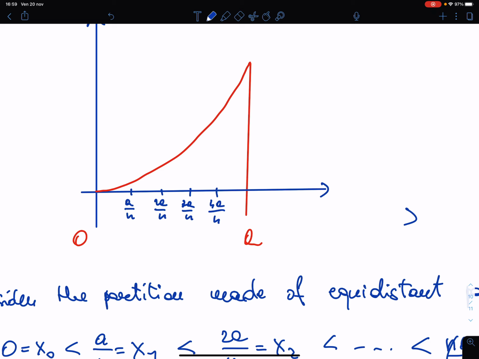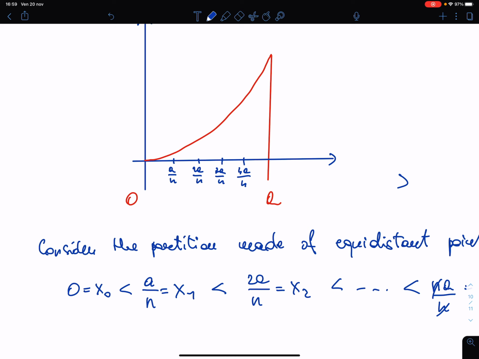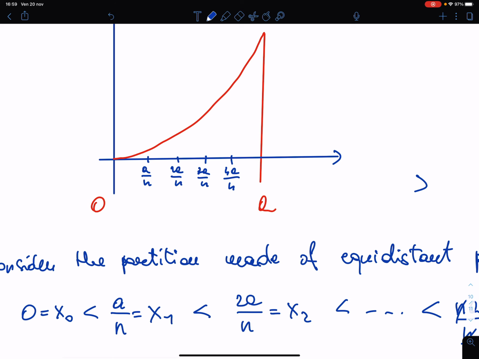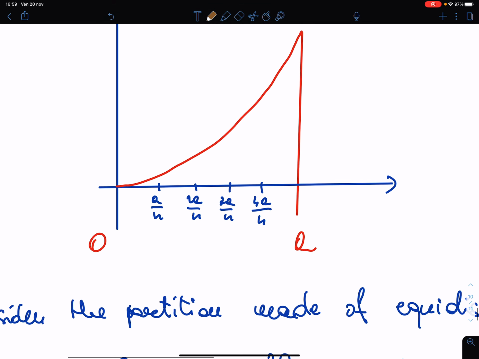Now this is a partition, and of course we can compute the lower sum and the upper sum. So start with the lower sum, which is very easy. Consider the first interval, from 0 to a over n, and here the infimum is 0. So here there is no area to be taken into account. For the second interval, we have an area to be computed.